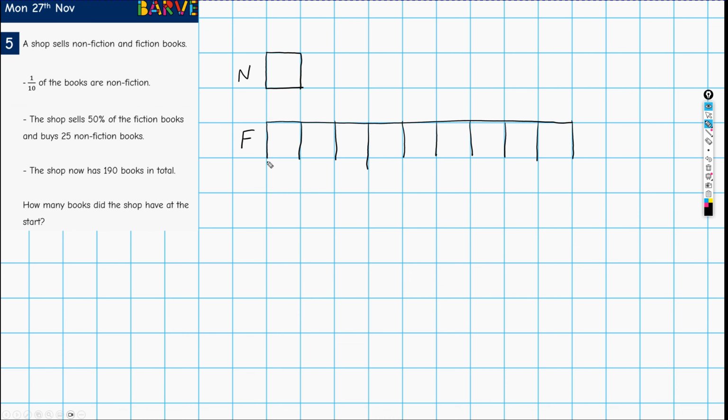Okay. So that's 10 parts in total. 1/10 is non-fiction. Okay. We're then told that the shop sells 50% of the fiction books. Well, we have 9 parts here. 50% would be 4.5. So we are going to have to split all of these in half, because let's say 1, 2, 3, 4.5.